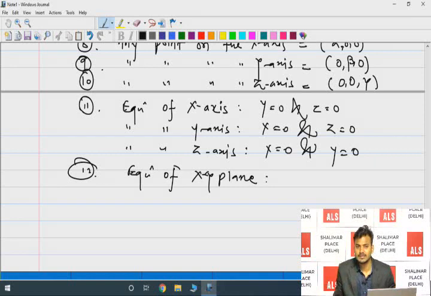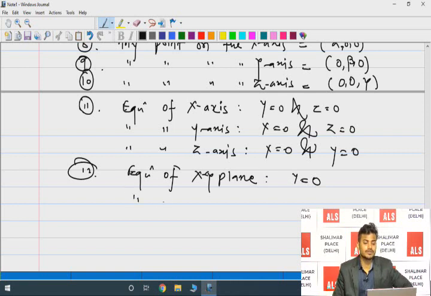The xy plane means there is no z coordinate. The z coordinate will always be 0 over the xy plane. If you are above or below the xy plane, you will get some z coordinate, like +1, -1, -half. So the equation of the xy plane is always z equals 0.